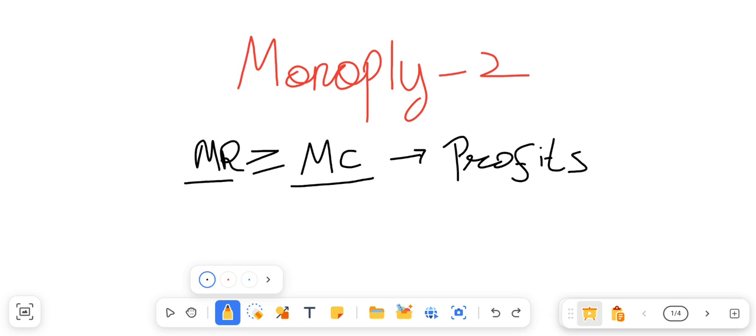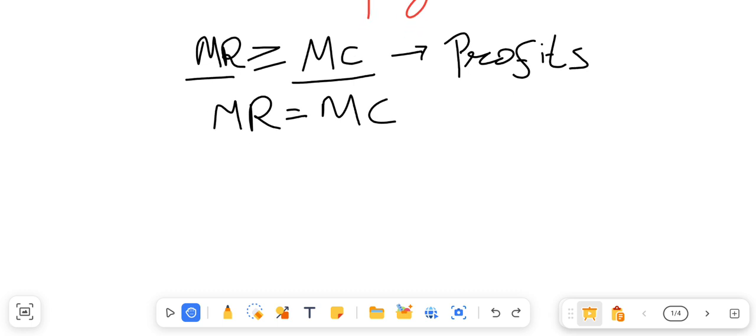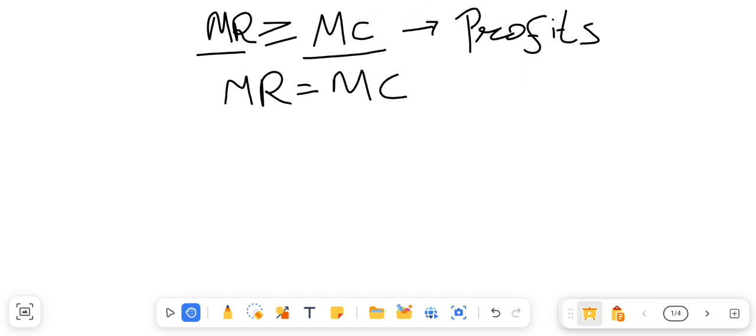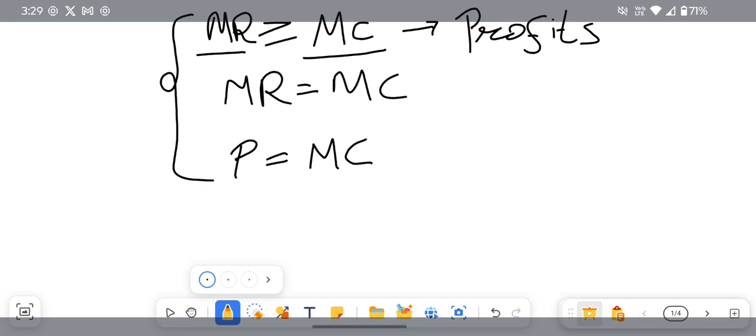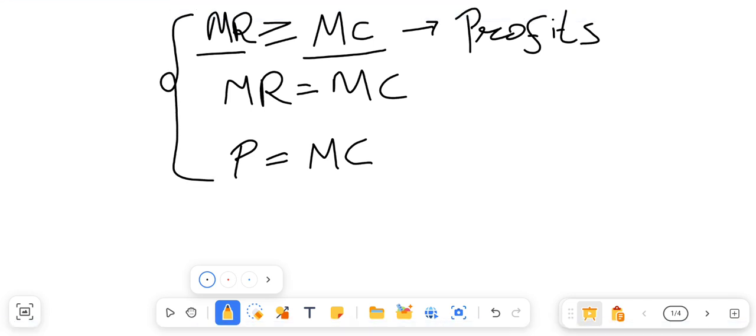We can also write it as MR equals MC, or MR is also considered as price, so we can write it as P equals MC. So these are the three conditions for the monopolist to operate.